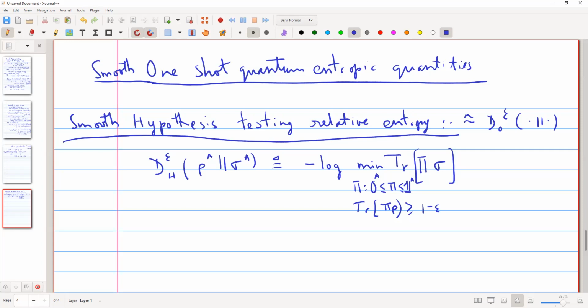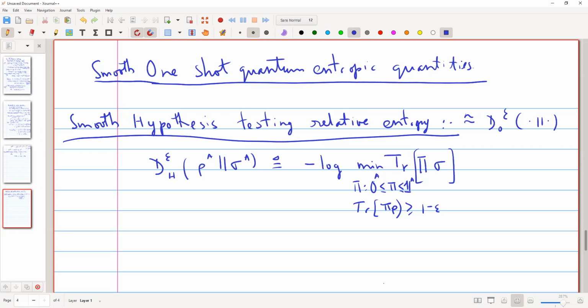In the eigenbasis of pi, it is diagonal and its eigenvalues are between 0 and 1. So this is nothing but my classical hypothesis test. The test assigns acceptance probabilities, numbers between 0 and 1, for every sample point A.